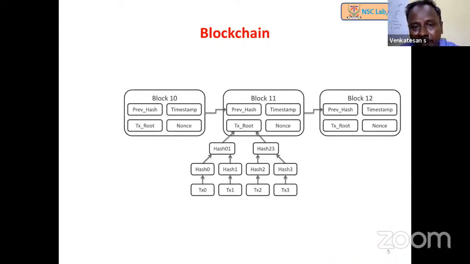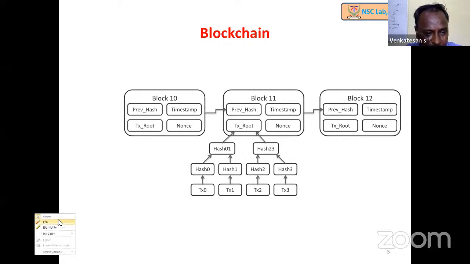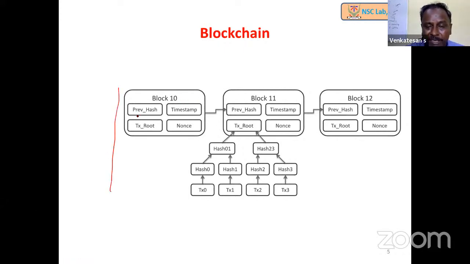So this is a sample representation of the blockchain, showing how the blocks are connected and how the data is stored. This is considering Bitcoin. We can see this as a block which contains two parts: one is the header and another is the data. Let's say this is the data part and this is the header part.